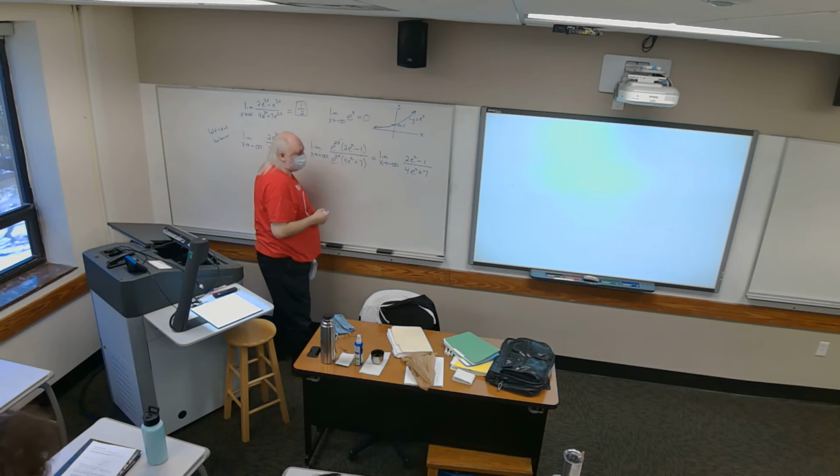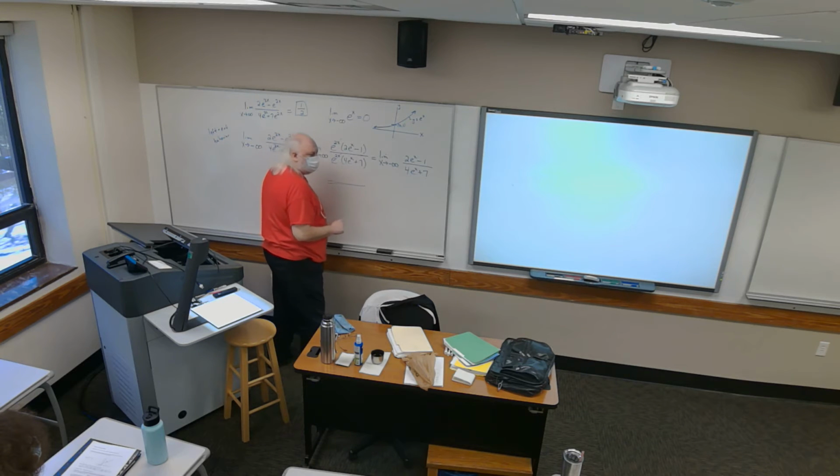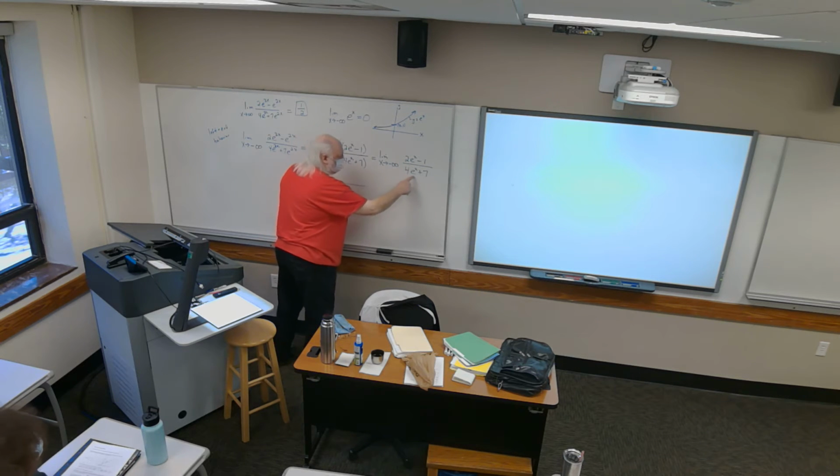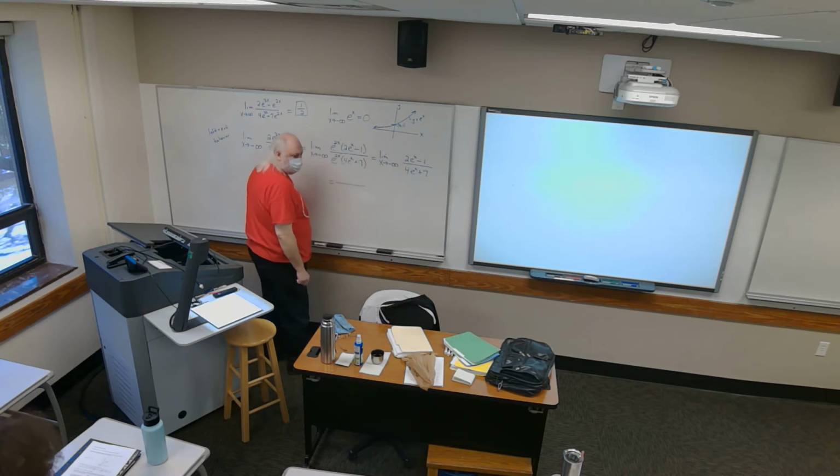And you can demonstrate that with the table of values if you want to. Okay. So, as x decreases without bound, the numerator approaches 2 times 0 minus 1, and the denominator approaches 4 times 0 plus 7, right? Now, you don't have to do this on an exam.